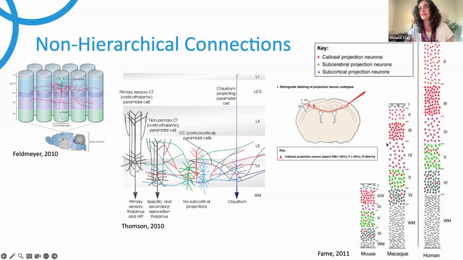So you can see that you can find a lot of these projections in layer 2, 3, in mouse, macaque, and human. And then a couple of them in layer 5 and in layer 6. But notably none in layer 4.